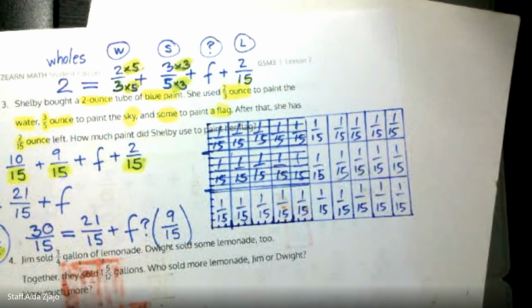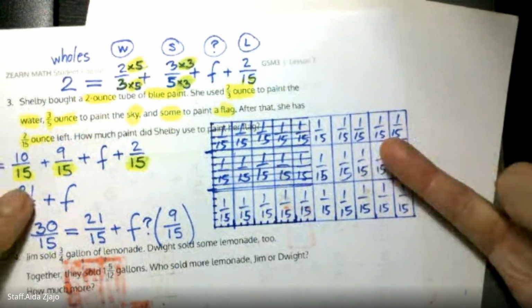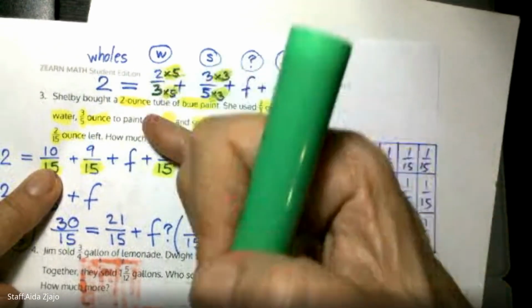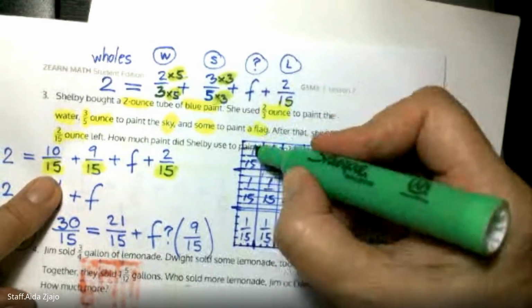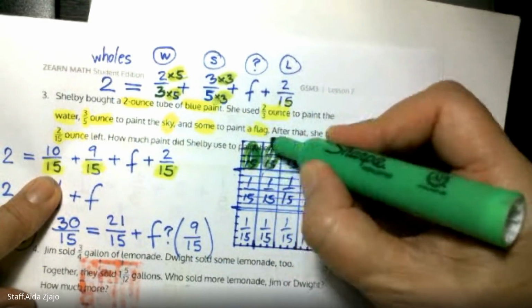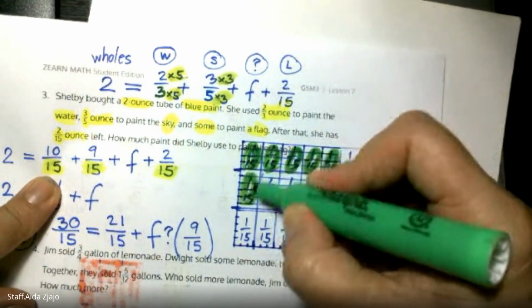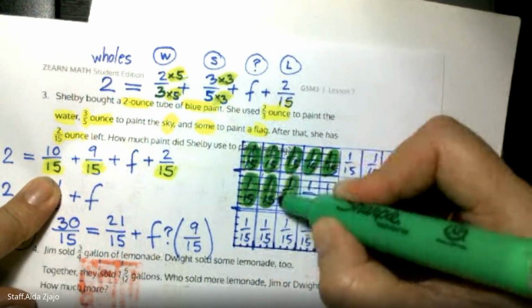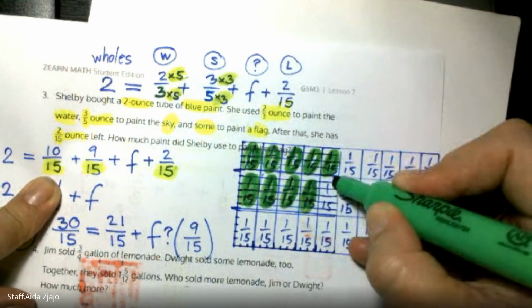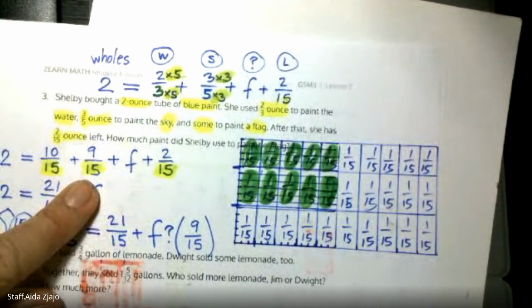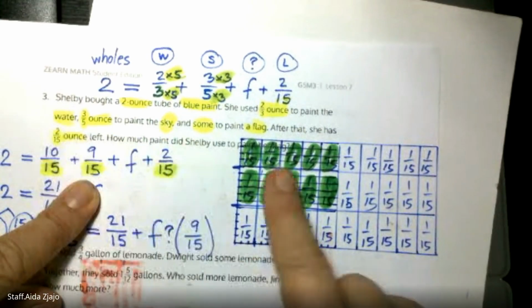Okay, so when you look now, 10/15 first to show that 2/3 is the same as 10/15. So 1, 2, 3, 4, 5, 6, 7, 8, 9, 10. 10/15s are the water.